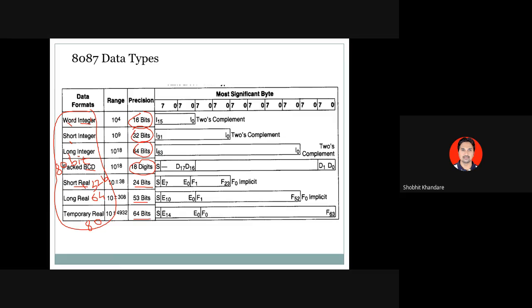Word, that is 16 bits, short, that is of 32 bits, long, that is of 64 bits, and temporal, that is of 80 bits. तो long यहाँ पे भी है, long यहाँ पे भी है, और दोनों का इफ 64 बिट्स. शॉर्ट यहाँ पे भी है, यहाँ पे भी है, दोनों का देखेंगे तो 32 बिट्स. ओके, पैक्ड BCD 80, temporal BCD 80, and if it comes to the word, then it is of 16 bits. So you can remember in this way.